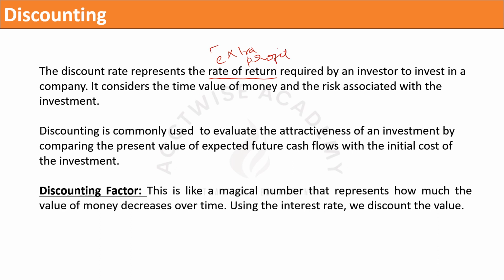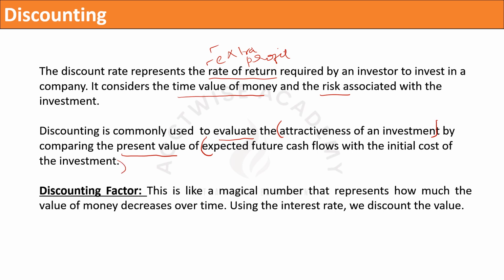This extra profit takes into account two important things: the time value of money and the risk associated with the investment. Discounting is commonly used to evaluate the attractiveness of an investment by comparing the present value of expected future cash flows with the initial cost of investment.